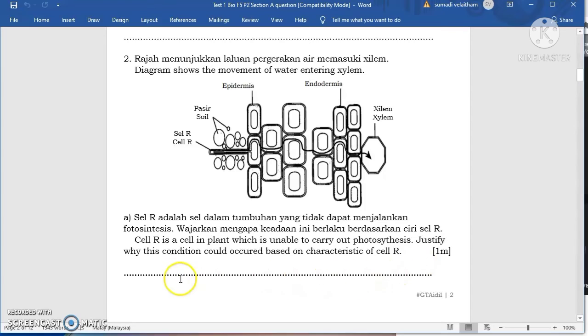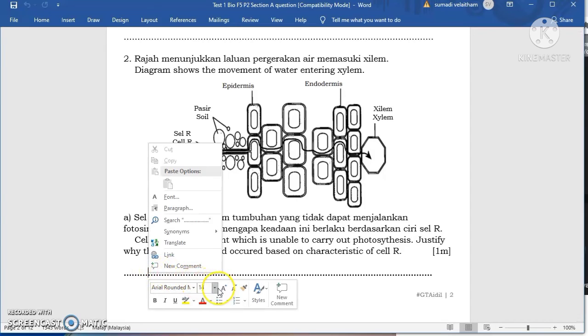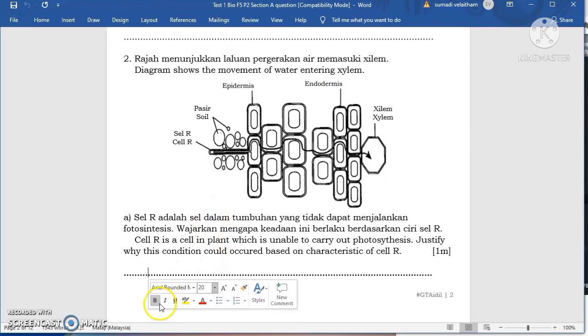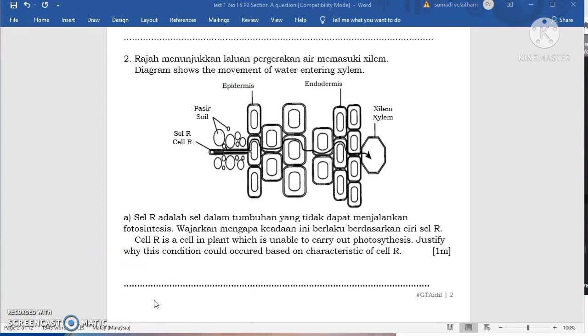What can be the answer? Cell R, that is the root hair cell, does not have chloroplast. Okay, that is the answer, because the root hair cell does not have chloroplast.